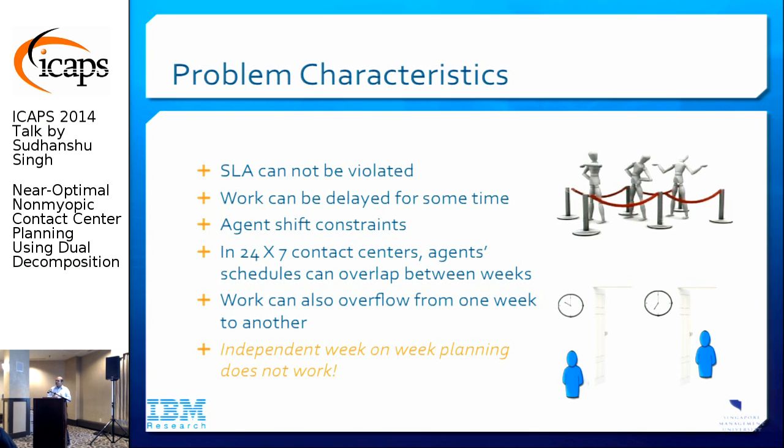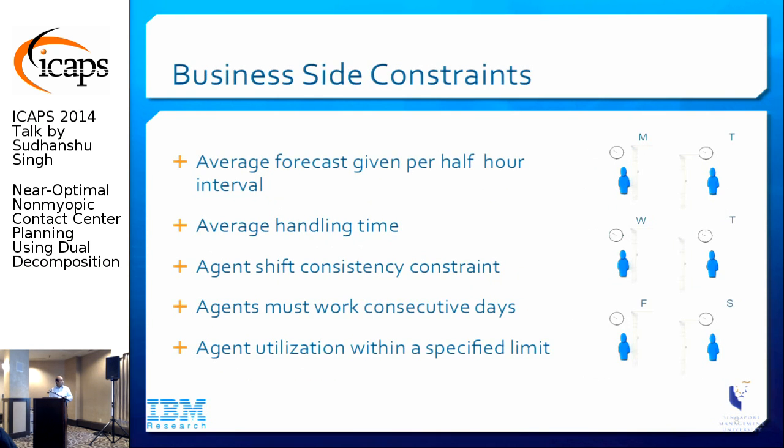So there is pretty strong dependency between consecutive weeks. So that's why the independent week-on-week planning does not work in this case. I mean, you can sort of enforce that you want to complete each week's work in that week itself, but that's going to give you highly suboptimal solutions because it's too hard a constraint.